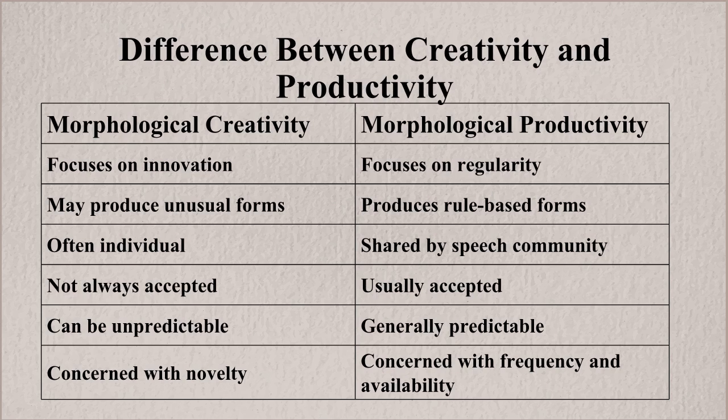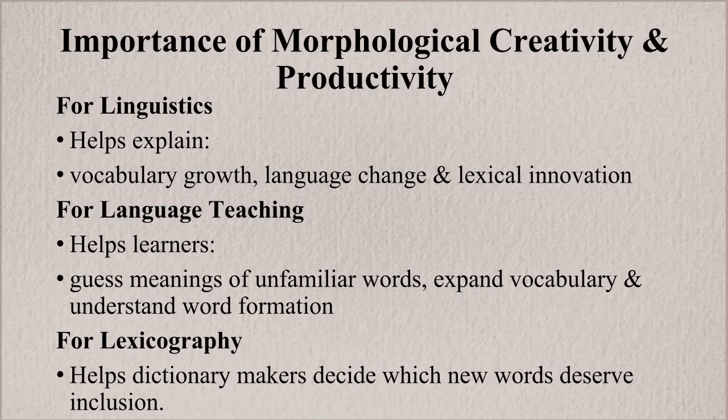Morphological creativity is unpredictable because it focuses on novelty, whereas productivity is predictable because it is concerned with the frequency and availability of the word. And lastly, from a linguistic point of view, both processes, morphological creativity and productivity, help explain vocabulary growth, language change, and lexical innovation.